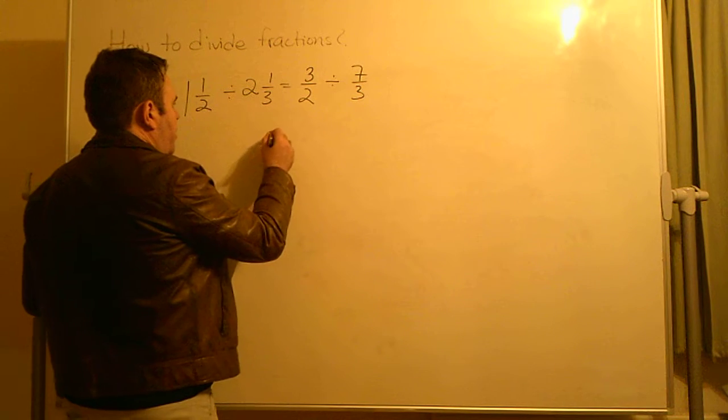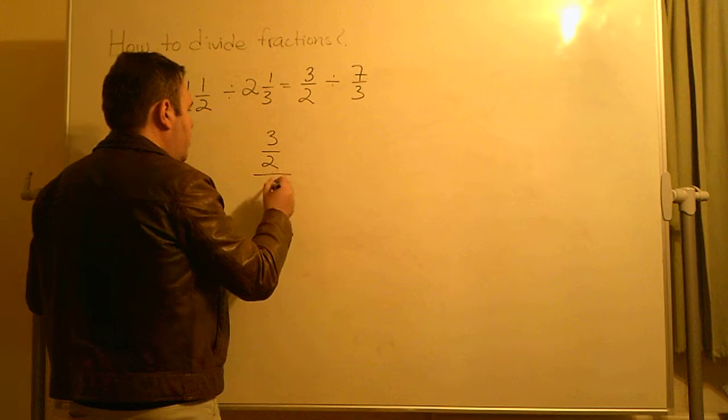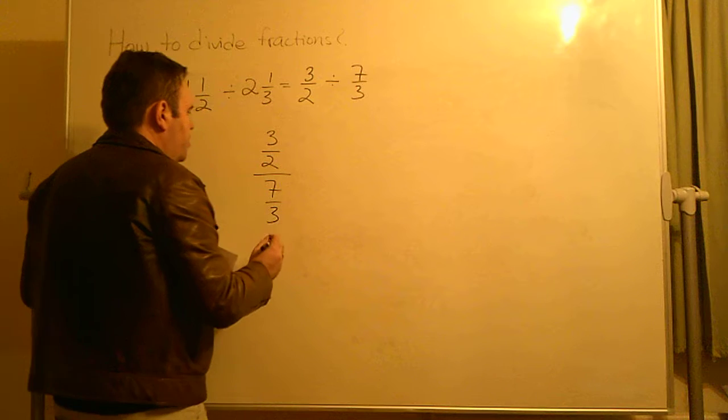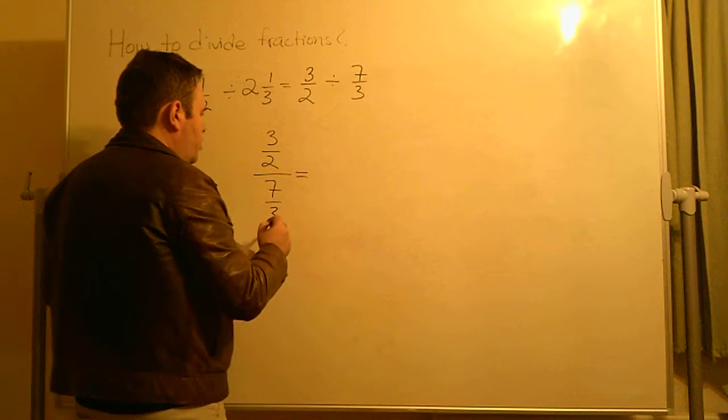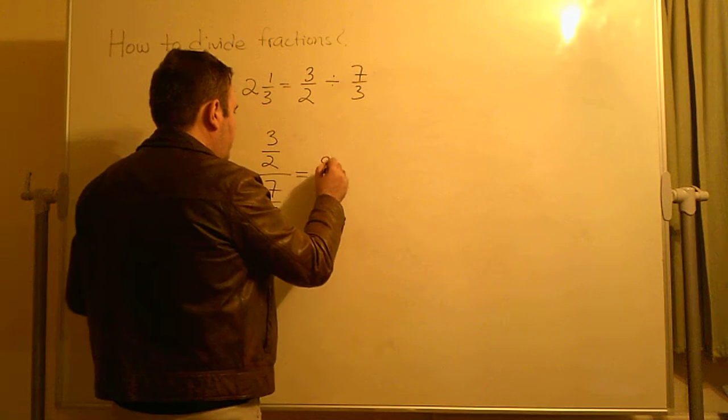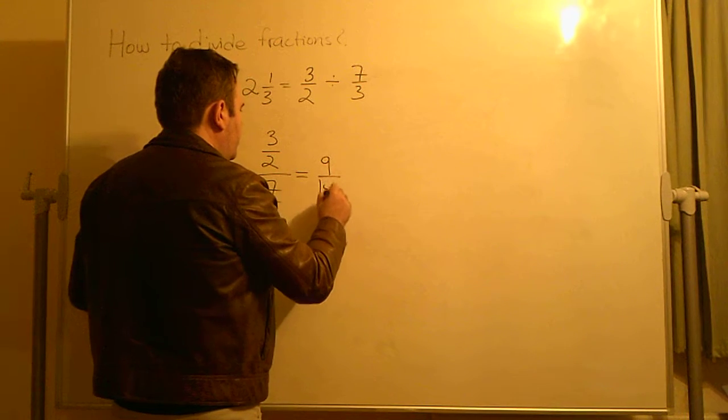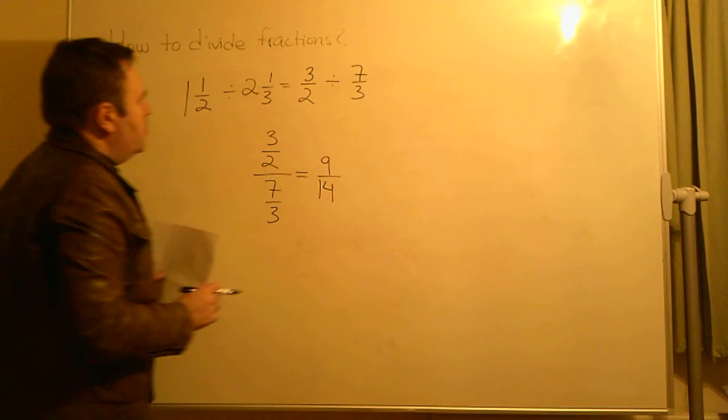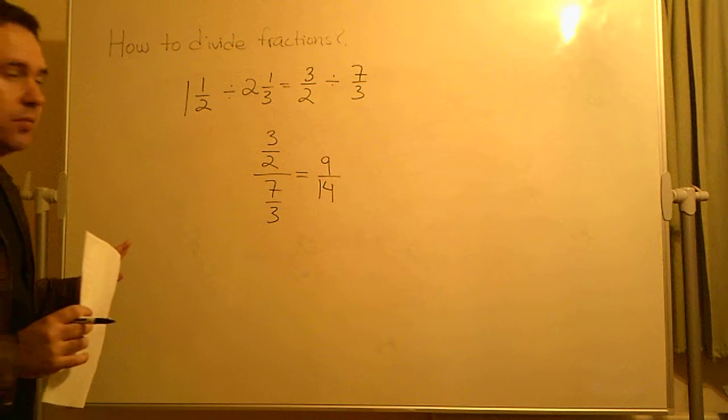So now we divide 3/2 divided by 7/3. So we would have 3 times 3 is 9 and 2 times 7, 14. And that's it.